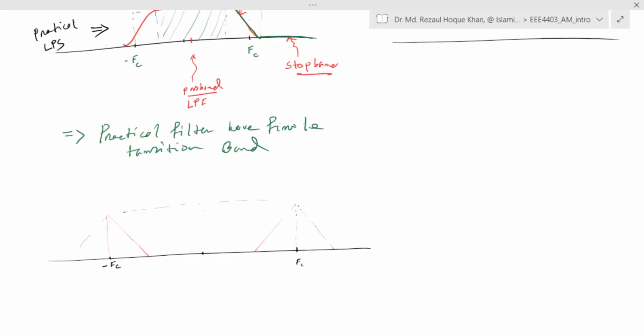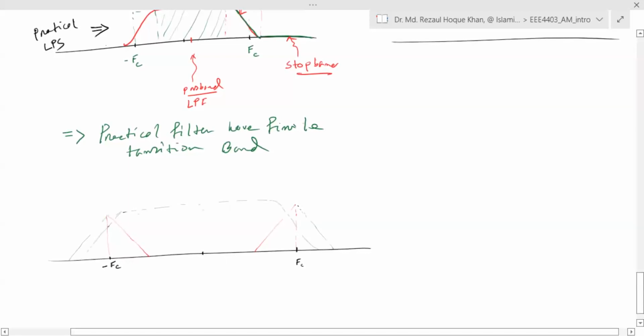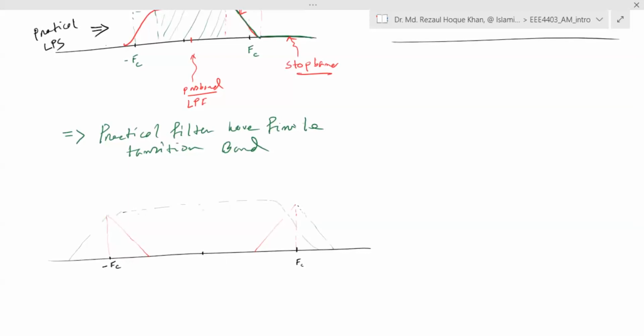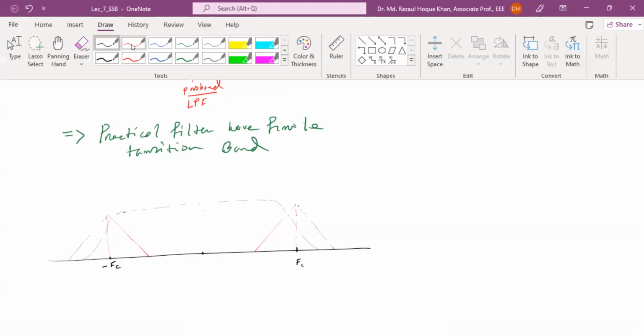This will be our DSB. This will be cut off to this DSB. Let me draw it nicely then.